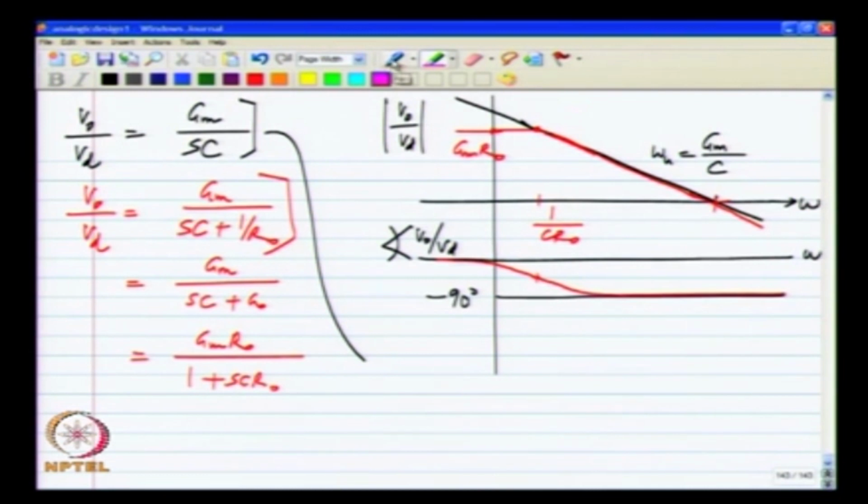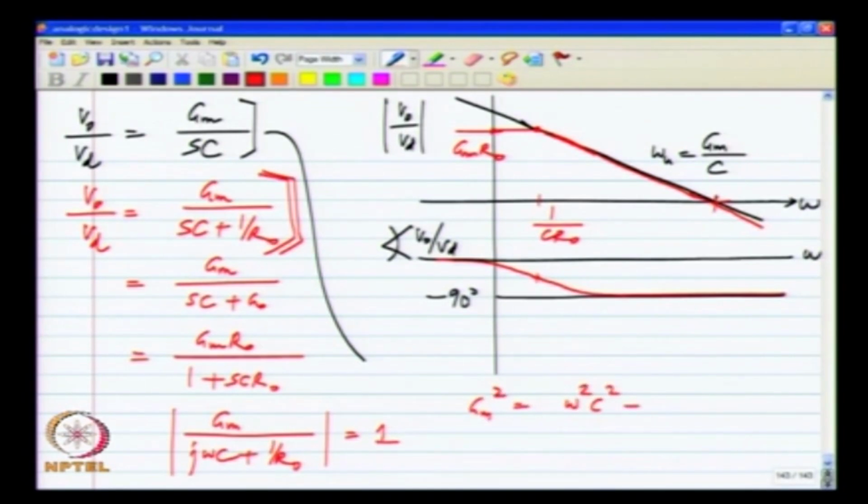And just for completeness we will calculate when the magnitude response here goes to unity. To be unity, this means that Gm square is omega square C square plus 1 by R naught square.